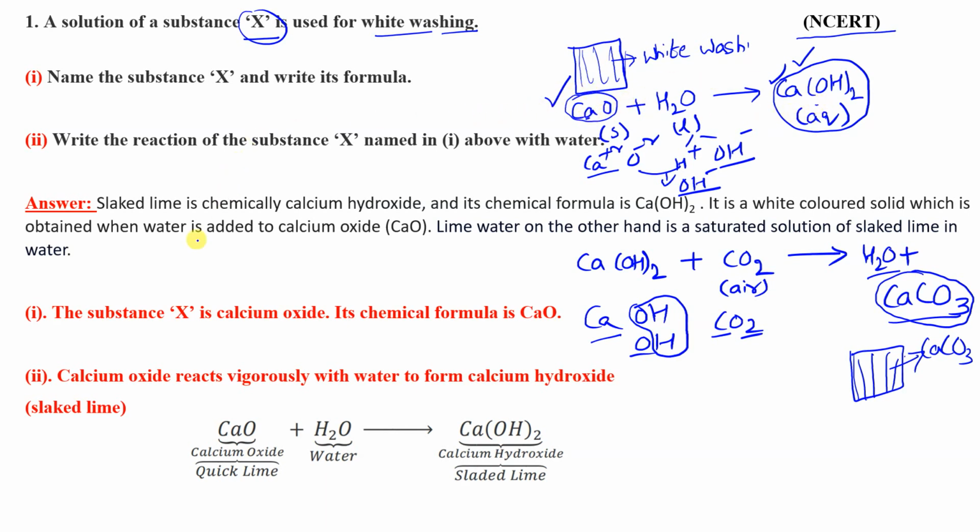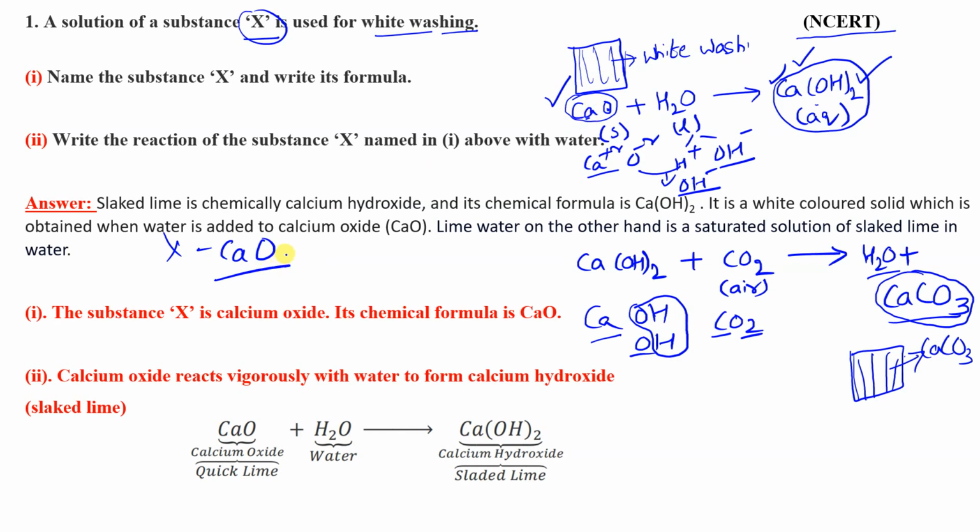This X is said to be calcium oxide. Its solution, calcium hydroxide, is used for whitewash. You have to understand that X is not calcium hydroxide. X is calcium oxide. The reason is he is not asking what is coated on the wall. He is asking about a solution of a substance X. So the substance X whose solution is used for whitewash is calcium oxide.